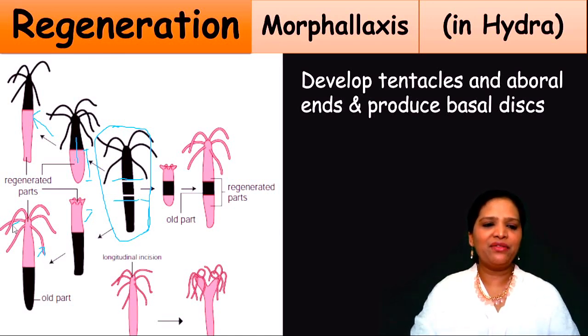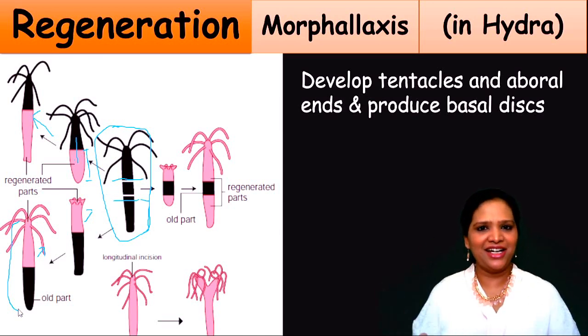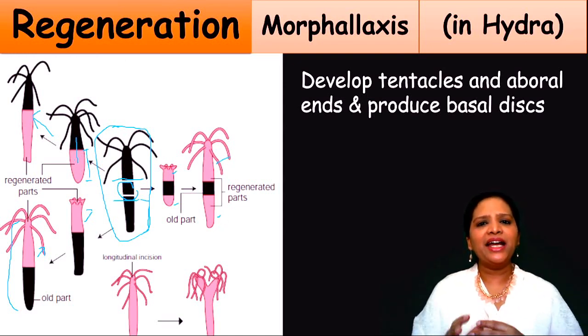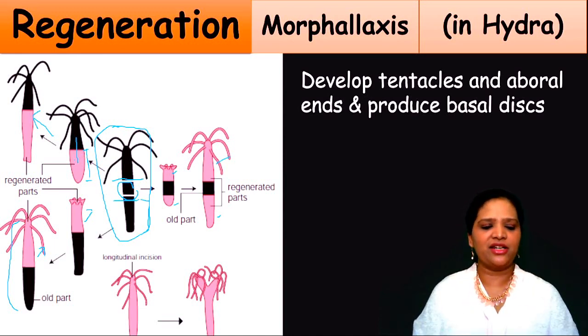So completely from the tail, a new Hydra develops, right? Not only that, look here. The center part which lost its head and tail, both the head and the tail get regenerated.